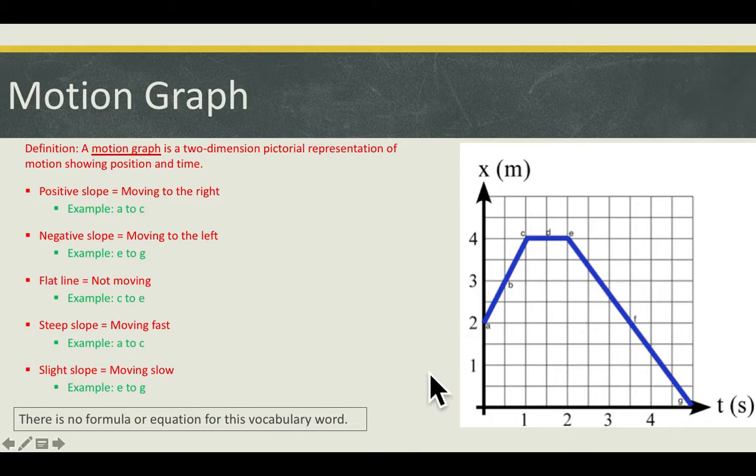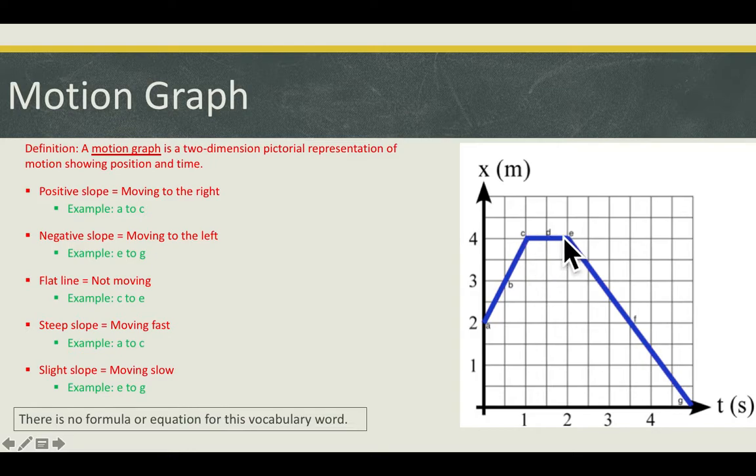So to quickly go through this, and we'll break it down more slowly on the next couple of slides. When there's a positive slope, when the line on the graph moves upward from left to right, that indicates that the object is moving toward the right. Then when the line is flat and there's no change in position, this shows something that remains at 4 meters. That means it's stopped.